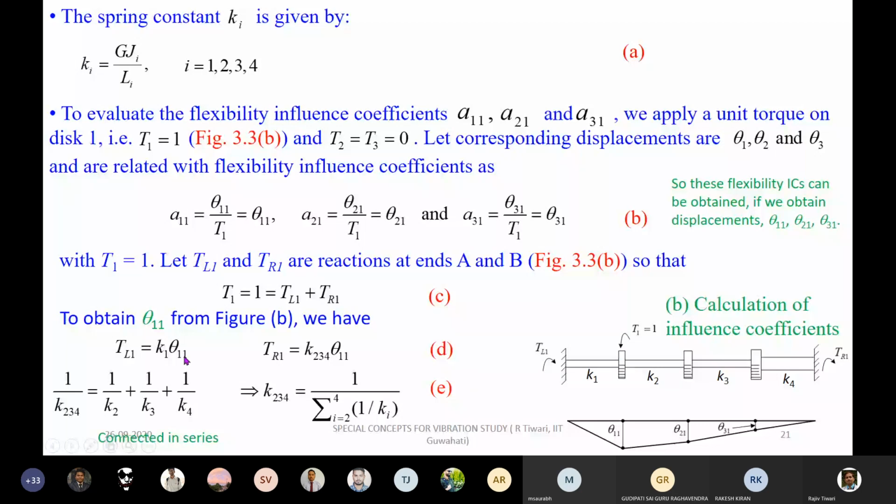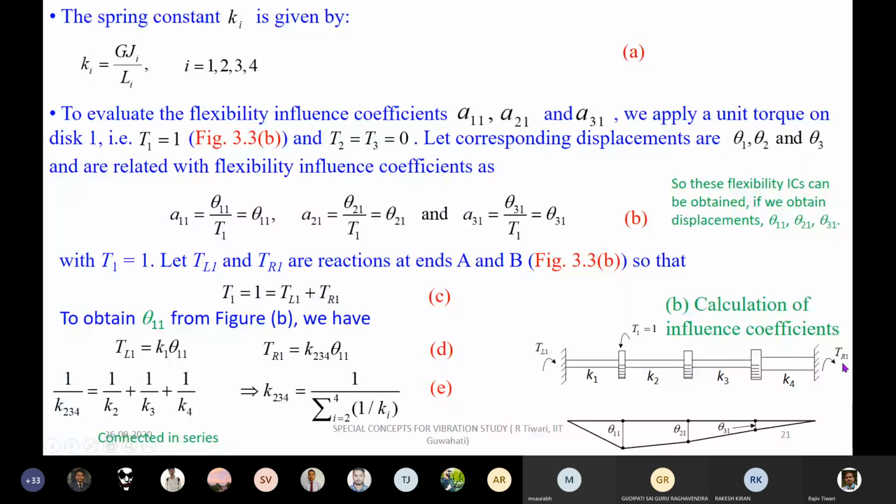Same thing if we see the right side, forget about the left side of the disk 1. We know that the displacement here is theta 11, so for all the springs which are connected in series, if we apply theta 11 here, theta 11 multiplied by the equivalent stiffness of all these three will give us this torque at right one.